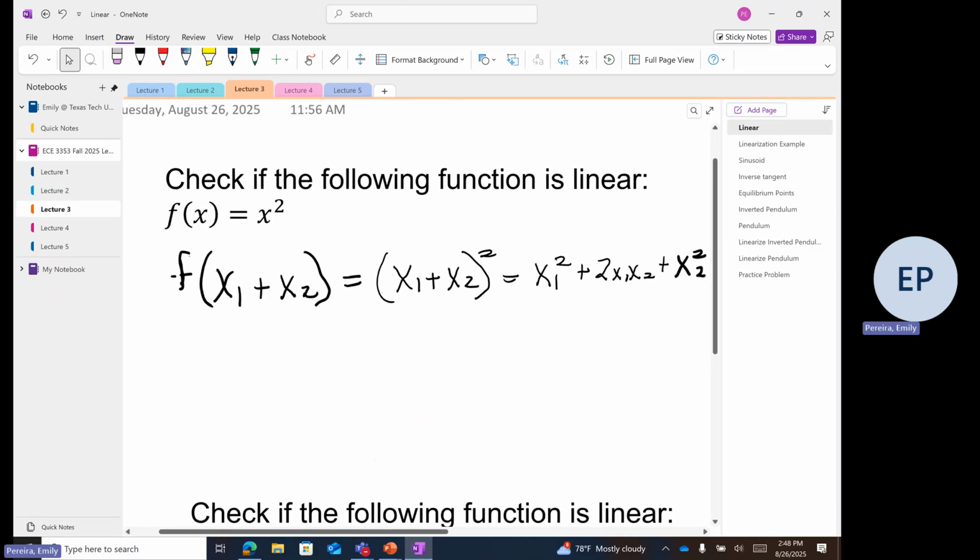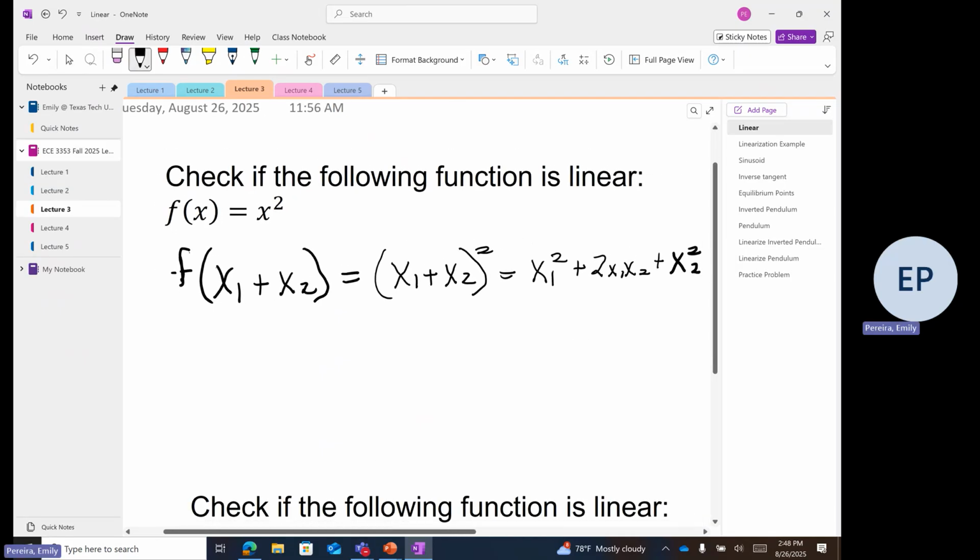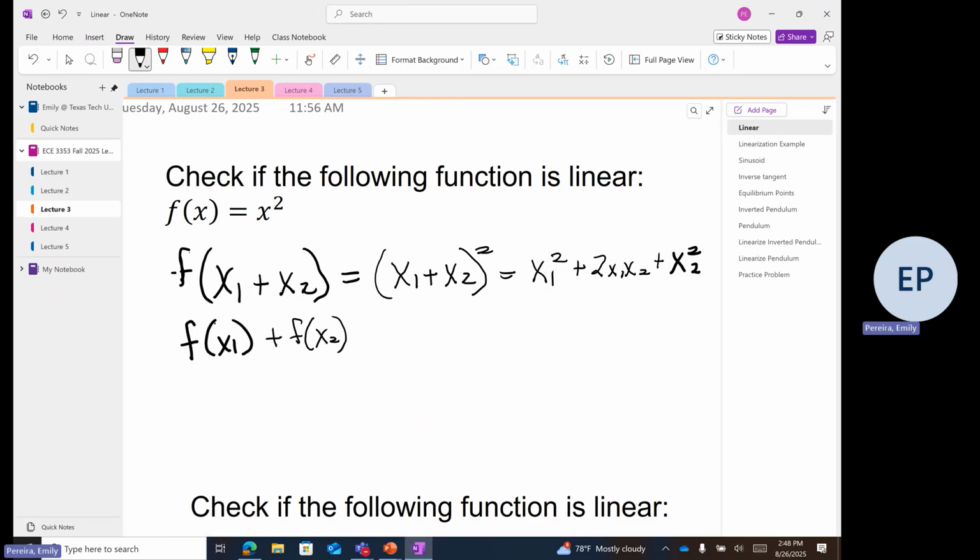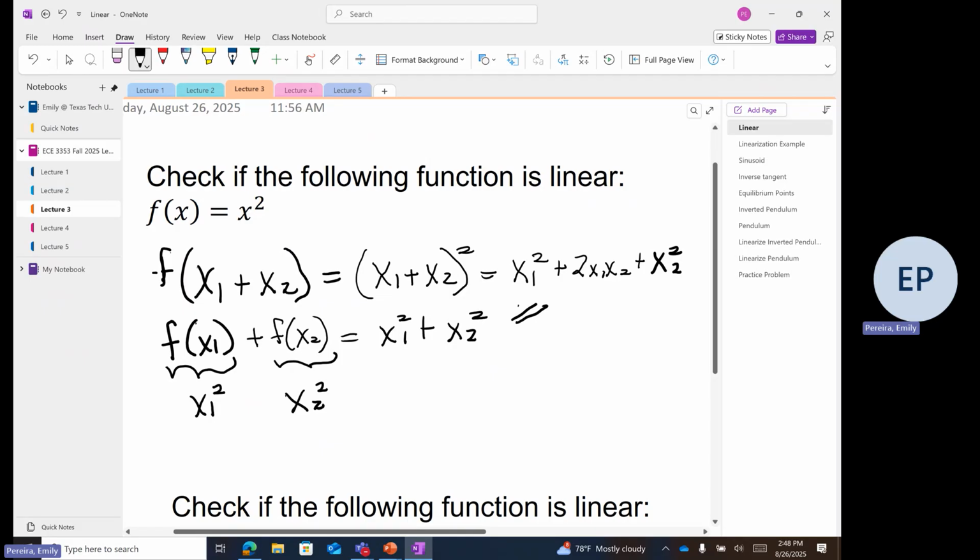Okay, now let's check if we apply the function to the first input and apply the function to the second input and add their result, do we get the same thing? Okay, so this guy is going to be our x1 squared, and this guy is x2 squared. So if we add them together, we get x1 squared plus x2 squared, which is clearly not equal to the function applied to their added inputs.